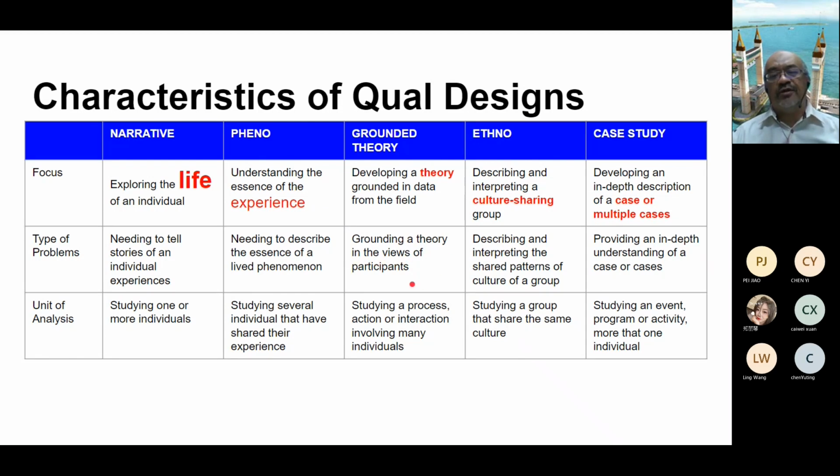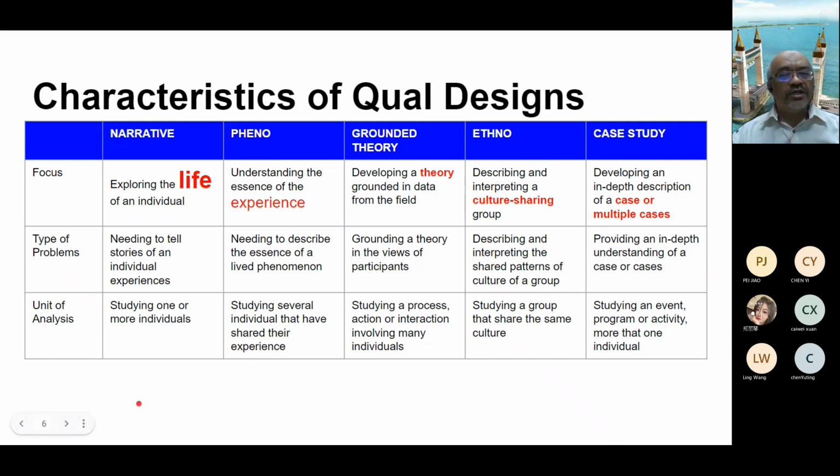Grounded theory is to see the views of the participants, like being in the shoes of the other person, how they see things. Ethnography is about interpreting and describing the shared patterns of a culture or a group. The case study provides in-depth understanding of a case or several cases.